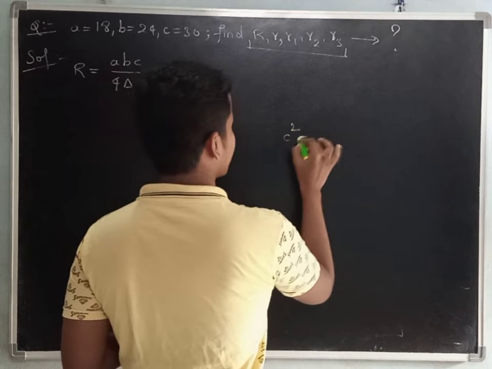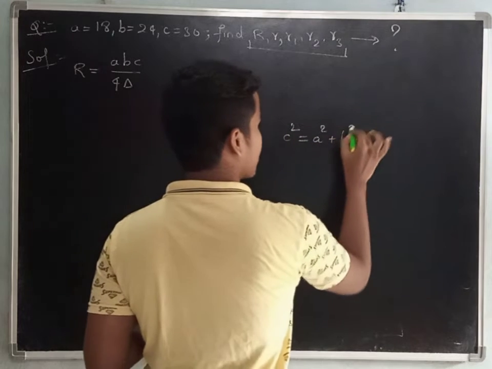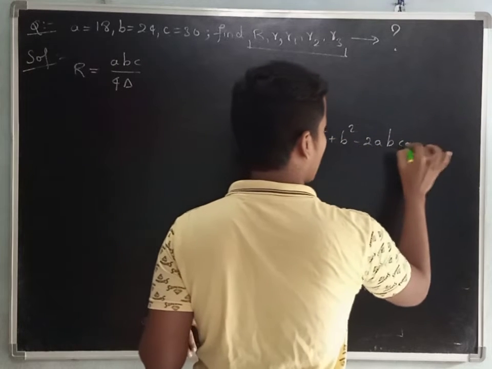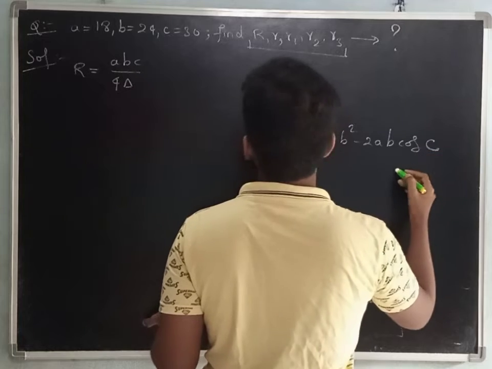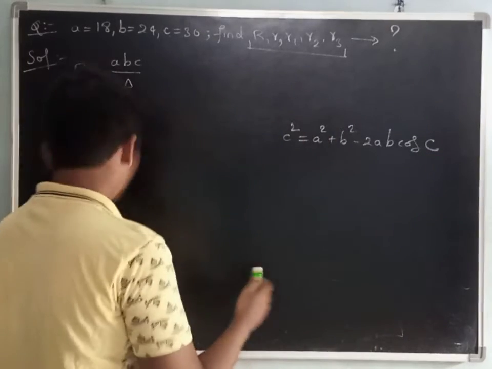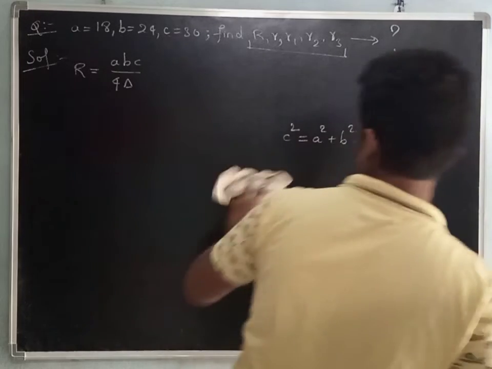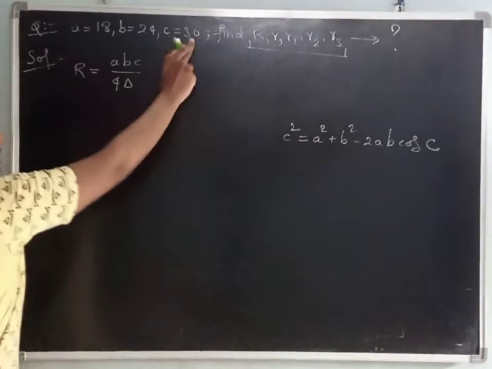So c square is equal to a square plus b square minus 2ab into cos C. Here c is nothing but 30.